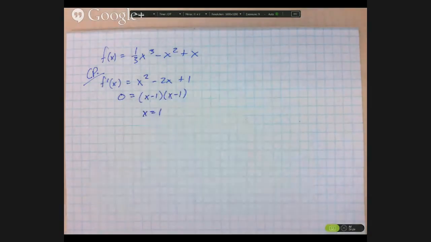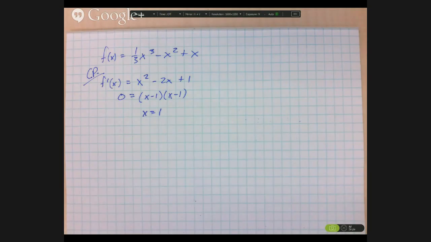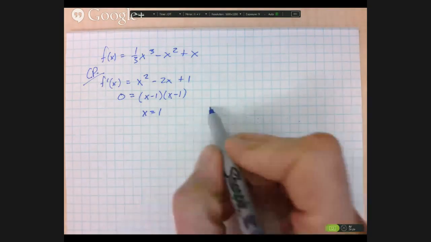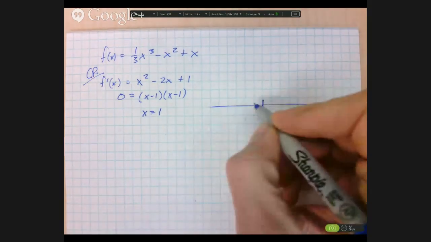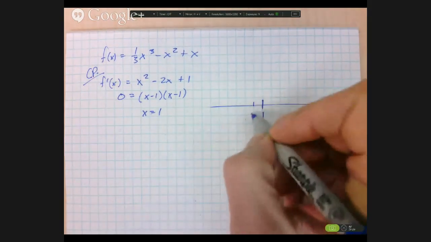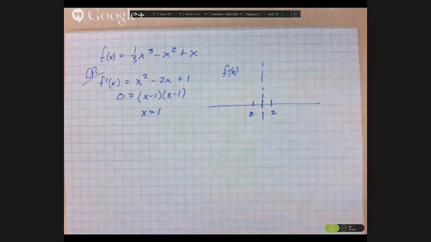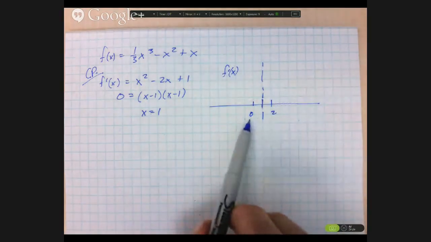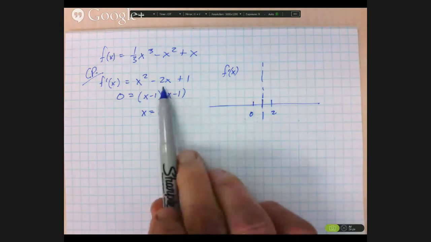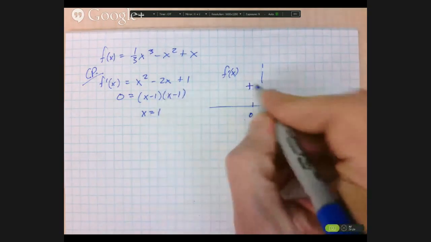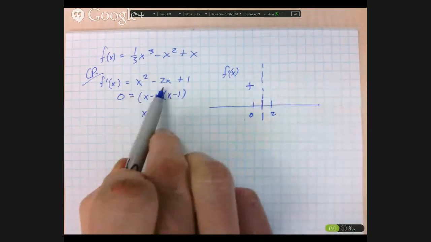Okay, so our critical point is 1. Can factor. Oh, yeah. That's why. That's enough. So the derivative at 0 is positive, right? Positive 1. And the derivative at 2 is positive as well.